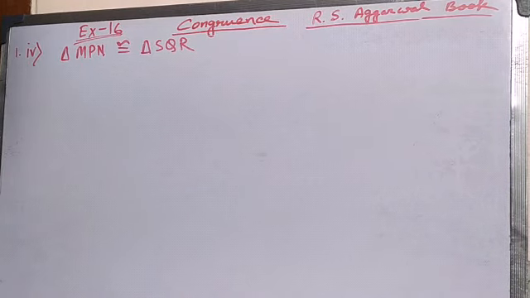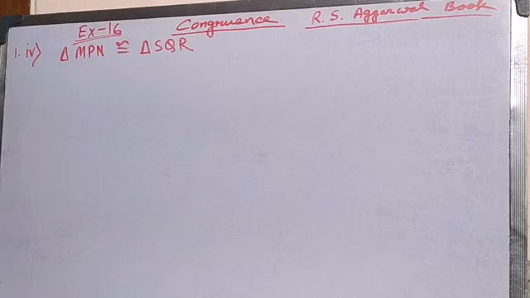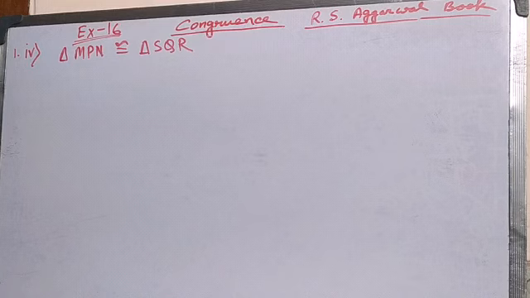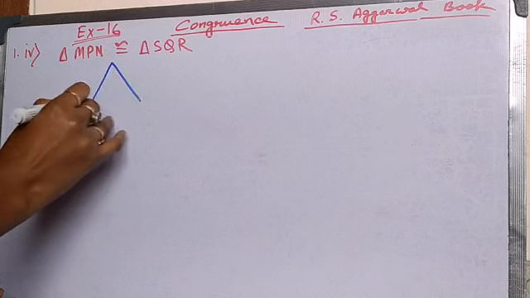I am starting Exercise 16 from the R.S. Aggarwal book. Under 1, number 4. Here triangle MPN is congruent to triangle SQR. That means we have to state the corresponding sides, corresponding angles and corresponding vertices. First I am drawing two triangles with this naming.